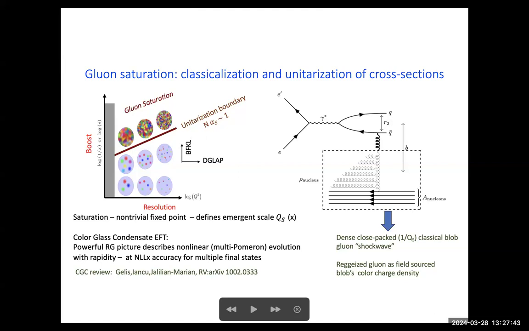If you think about your Young tableau and you multiply lots of 8s or 3s, you will very quickly generate a distribution of representations, of which the most likely is some higher dimensional representation, and that's a classical representation. So the sum over all of these color factors in this very complicated amplitude can be replaced by some classical color charge density. This then gives you a classical effective theory, which you can compute in principle systematically.